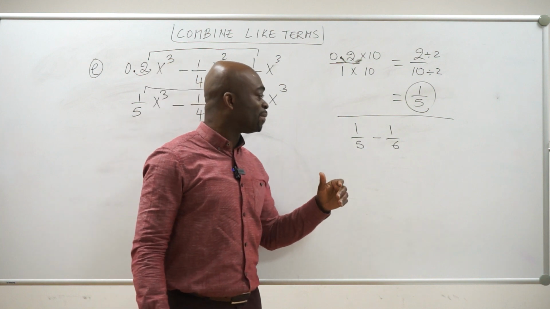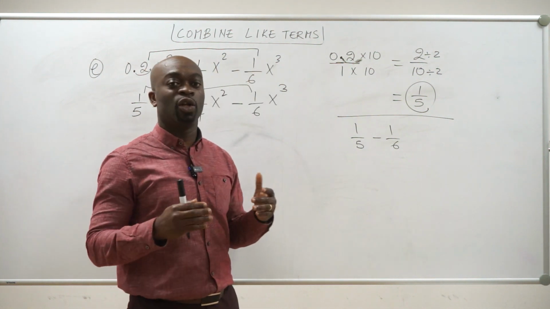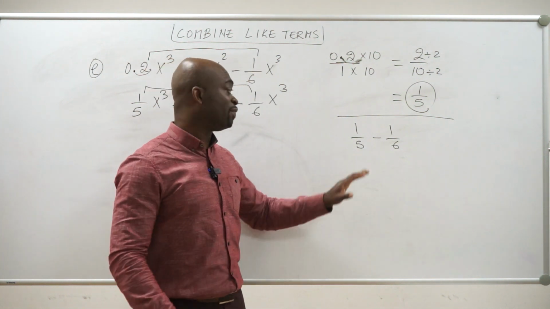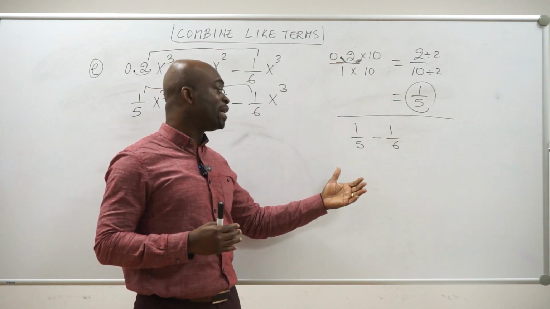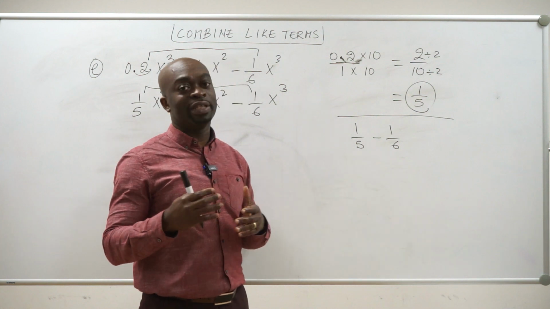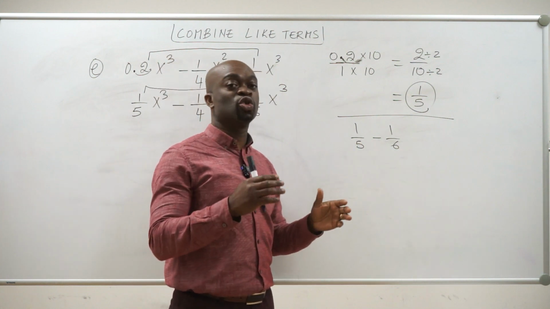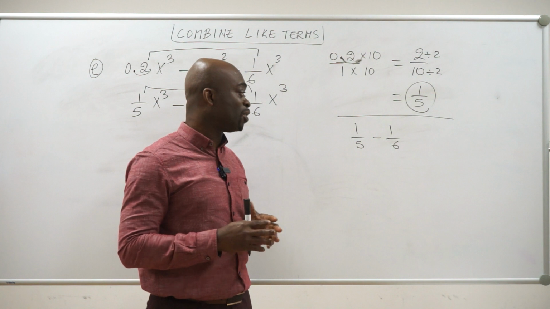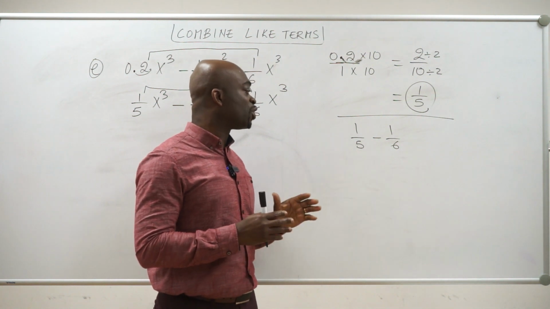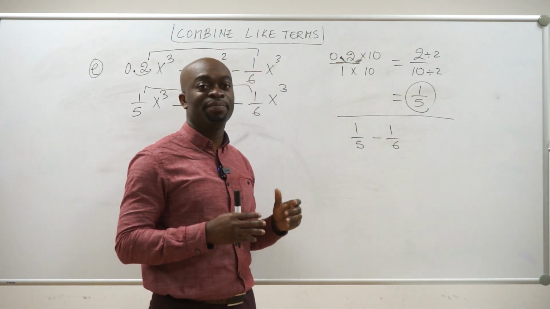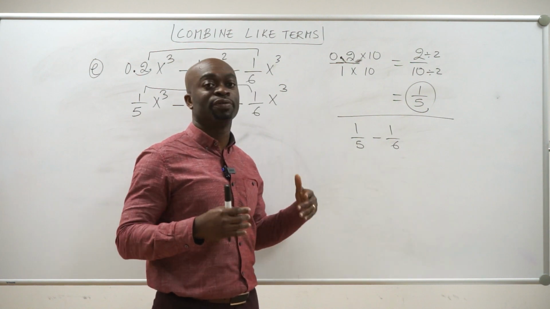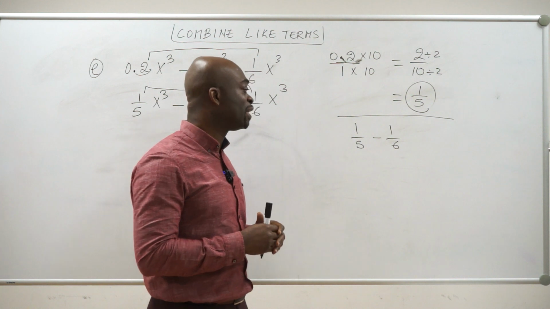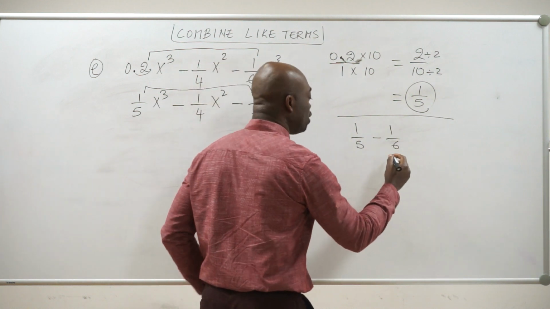So the lowest common denominator, again, is the lowest number that can divide 5 and 6 evenly. What could be that number? In this case, 5 cannot be broken down further. 6 can be 2 times 3 only as prime numbers. So the easiest way to go is to multiply 5 by 6 because both numbers have nothing in common. So you multiply those two together. So 5 times 6 will give us 30. So we end up with 30.